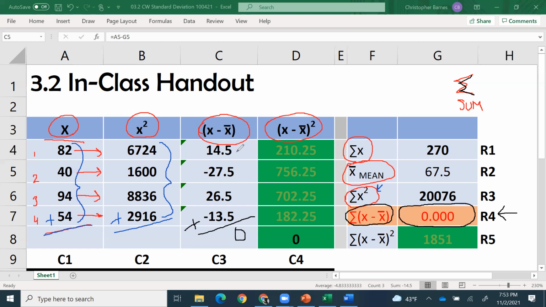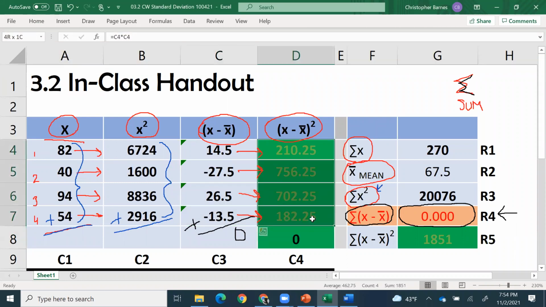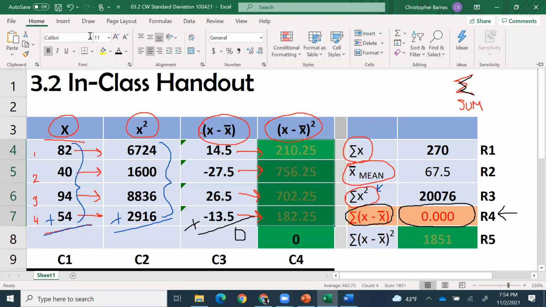That's the same thing as taking each of these values and just squaring it. And when we do that, I'm going to make it visible just in case you are unable to see it. It's pretty faint on my screen. But those values are listed right here.